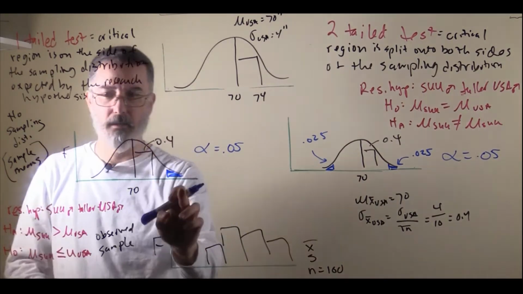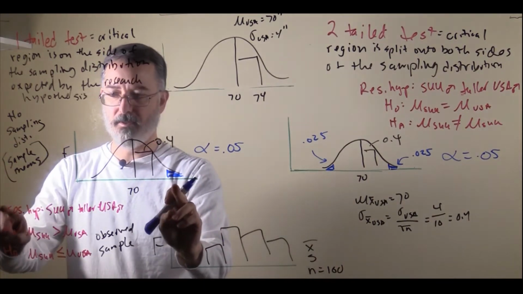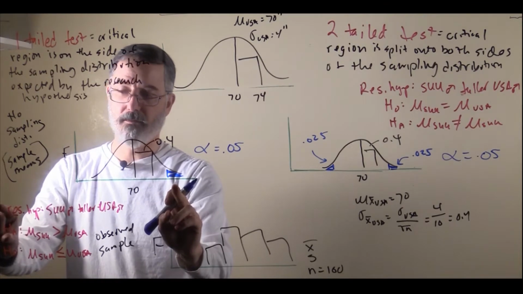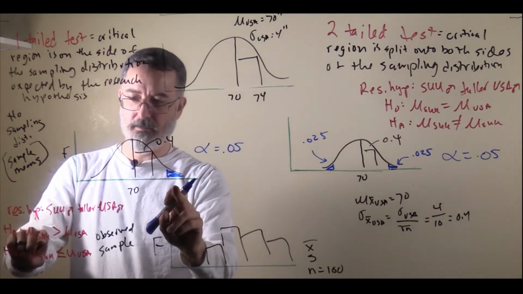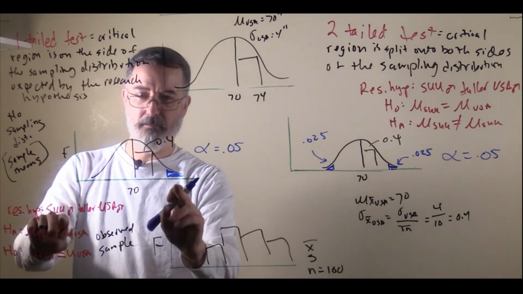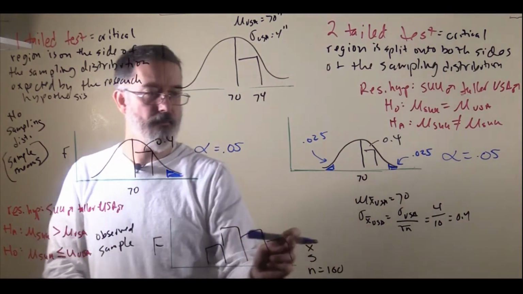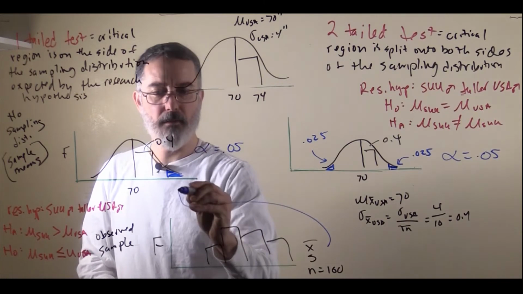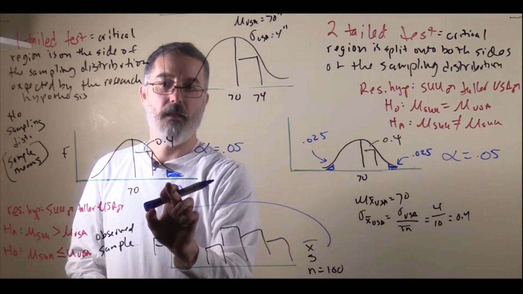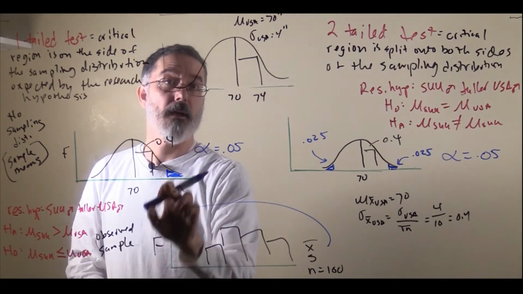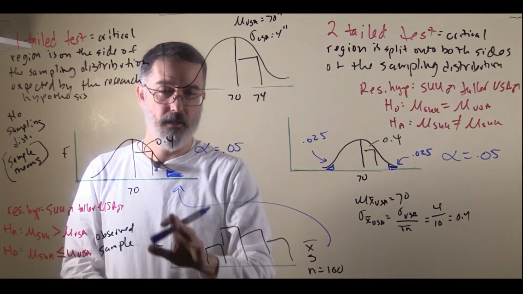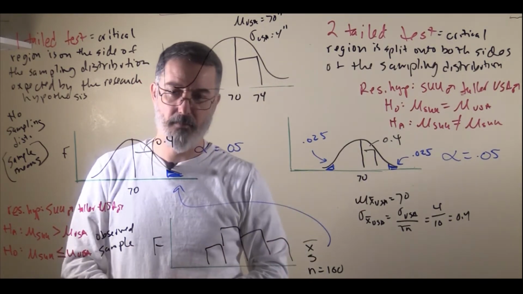And the side is the one expected by the research hypothesis, or equivalently the alternative hypothesis, right? So it's SUU men being taller. So taller heights are over this way. And so what we're hoping to find, right, is that our sample is going to be so tall that it's not the kind of sample that you expect if this is where we're getting our sample. And if it's tall enough, we're going to reject the null hypothesis.